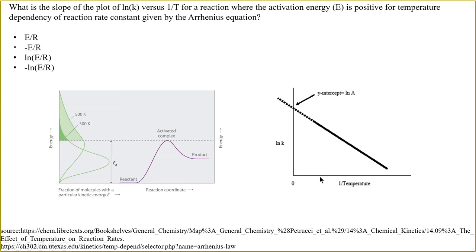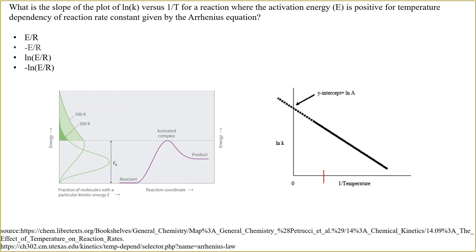So let's say that 1 by 500 will be present somewhere here and 1 by 300 will be in front of it. So if we were to draw the curve of the rate of reaction at 500 Kelvin, that will be 1 by 500. The slope of the line will be much sharper than at the 1 by 300 Kelvin. So 1 by 300 Kelvin will be present in a much slighter slope.